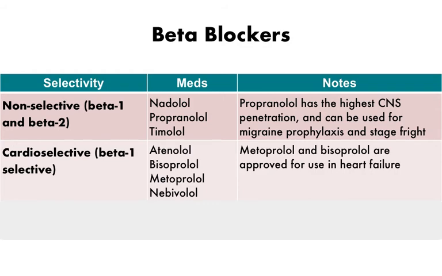Those names should sound familiar to you. In fact, metoprolol and bisoprolol are both approved for use in heart failure. These, in most cases, would be preferable, especially in patients who also suffer with asthma or any kind of respiratory issue where they have to use a beta agonist like albuterol.